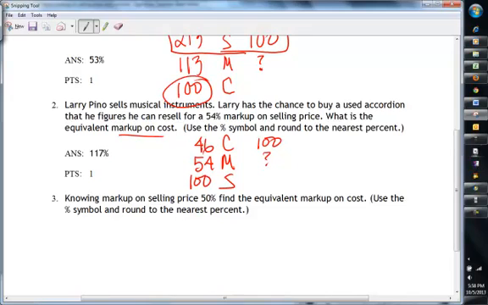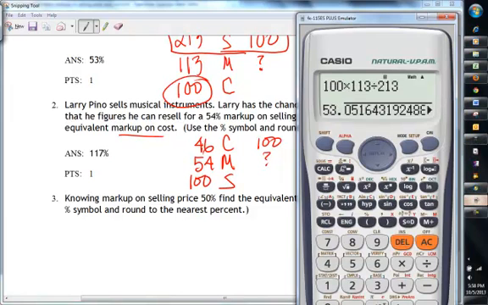So when we cross multiply this time, we would take 100 times what's across from the question mark, 54, divided by 46. I'm going to do that over again. 100 times 54 divided by 46 gives us 117, rounded to the nearest percent.